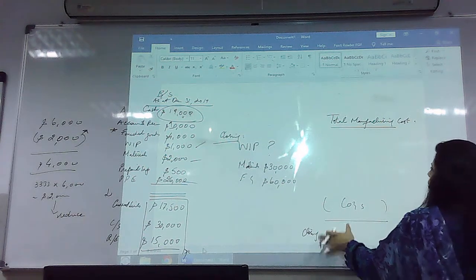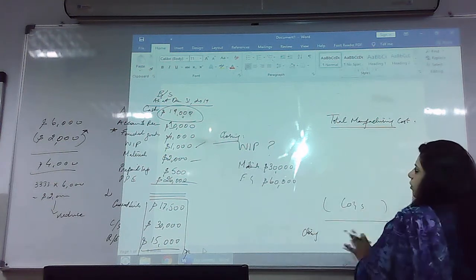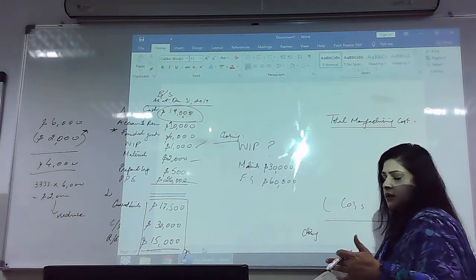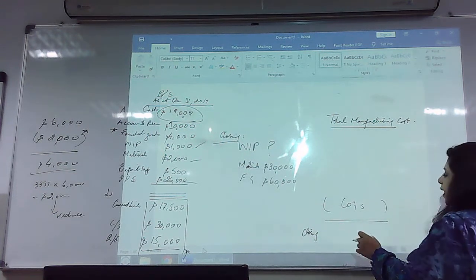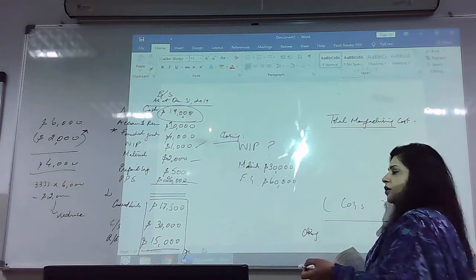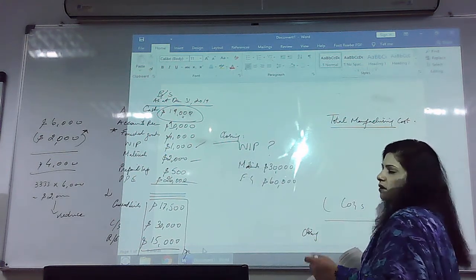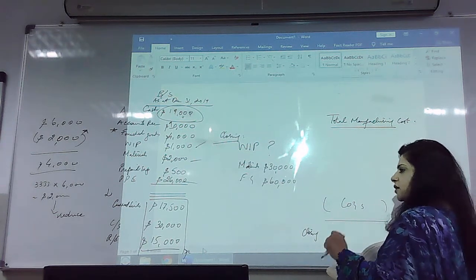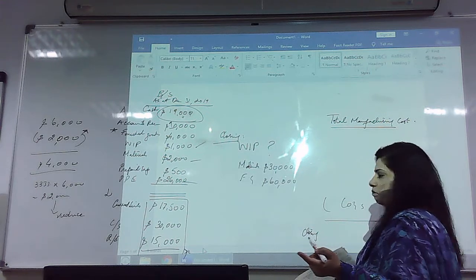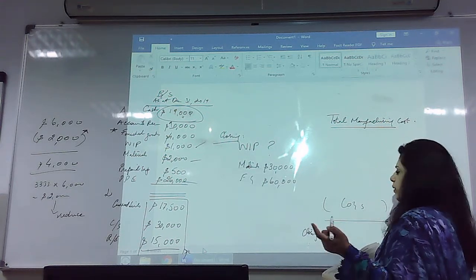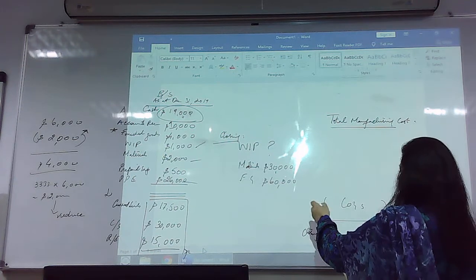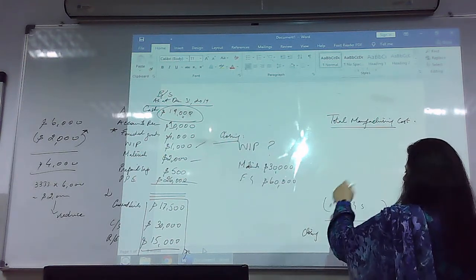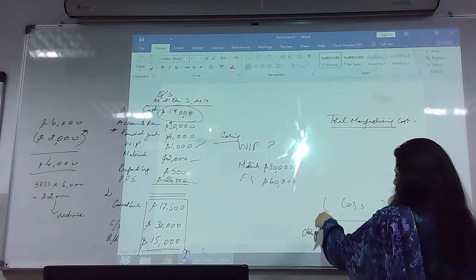Rather, what you do usually is you subtract the closing and you get the cost of goods sold, like closing work in process, closing finished goods, right? So in this case, when you subtract the cost of goods sold instead of closing, you get the closing. Just like left hand side is equal to right hand side. Similarly, opening plus purchases less closing is cost of goods sold or material used or whatever. Similarly, if you subtract the closing, you get cost of goods sold, but if you subtract the cost of goods sold, you get the closing.